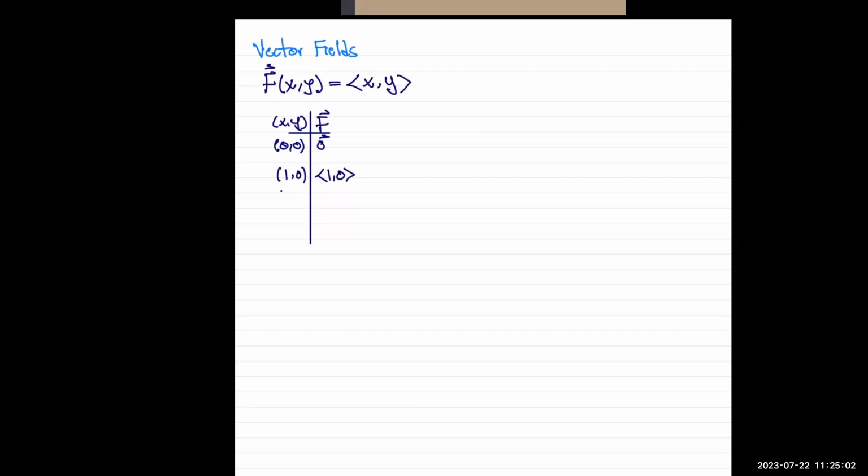At point 1, 1, we get the vector 1, 1. At negative 1, 0, we get the vector negative 1, 0. Now if we increase the values of x and y, let's say at 2, 2, we get the vector 2, 2.